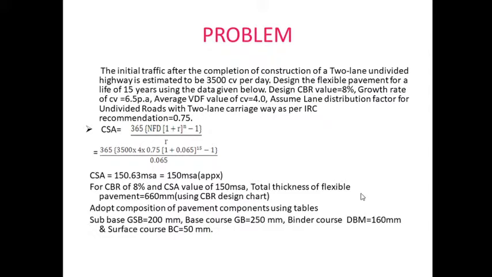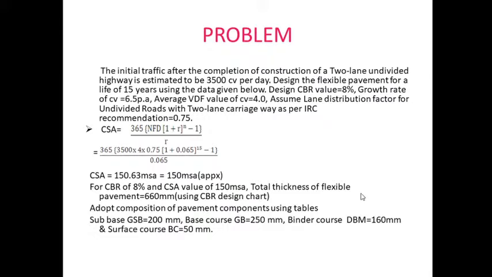The initial traffic after the completion of the construction of a two-lane undivided highway is estimated to be 3,500 commercial vehicles per day. Design the flexible pavement for a life of 15 years, that is n is 15 years, using the data given below. Design CBR value is 8%. Growth rate r is 6.5% per annum, and average vehicle damage factor is equal to 4.